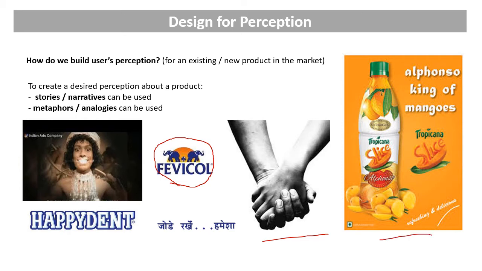Like this, stories can be created around products or brands, so that a certain perception is built, and customers will favor using the products of certain brands. So this is how perception is built.